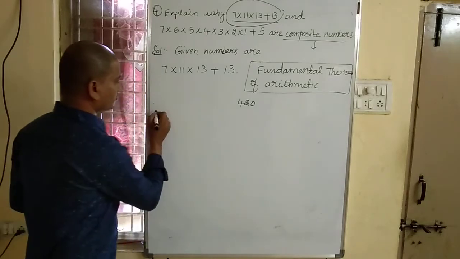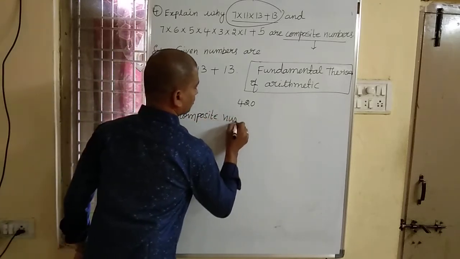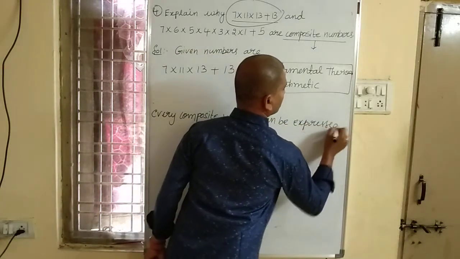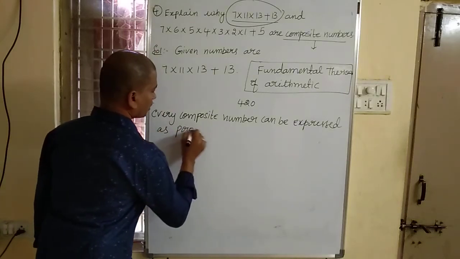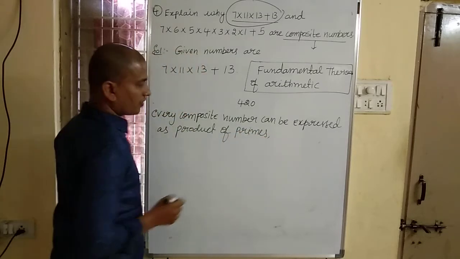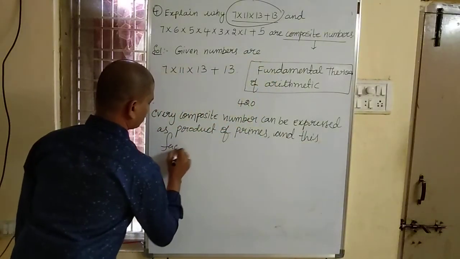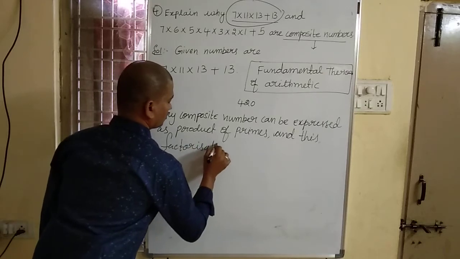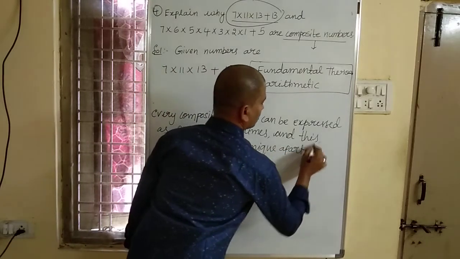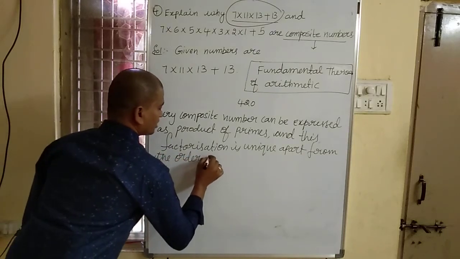Every composite number can be expressed as a product of primes, and this factorization is unique, apart from the order in which prime factors occur.